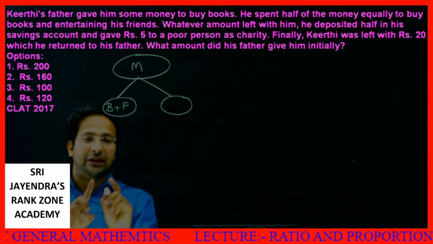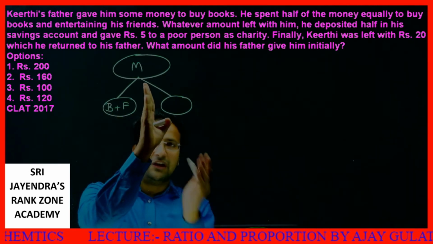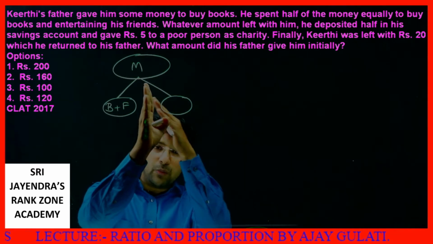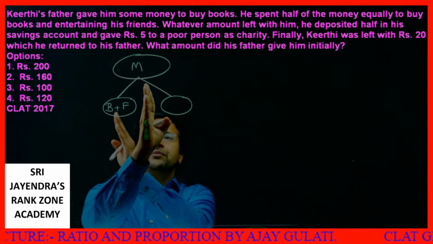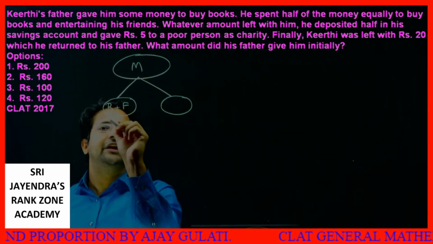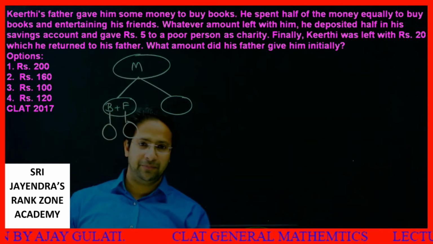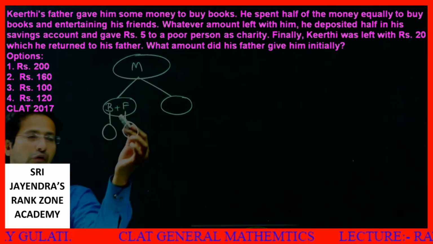This is the main thing. This half of the money he spent equally among books and friends. This and this both are equal. Getting it? Books also, friends.